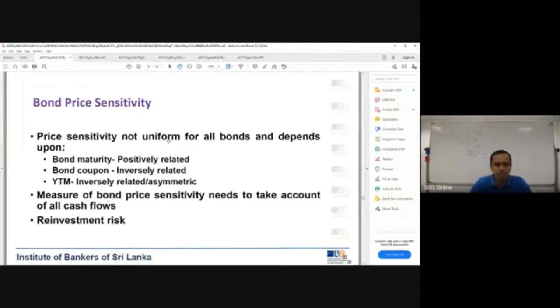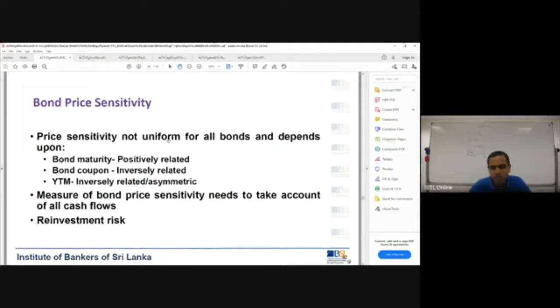Bond price sensitivity is not uniform for all bonds and depends upon the bond's maturity, right? Positively related: longer maturity bonds have longer duration. Bond coupon is inversely related, because low coupon is more sensitive than high coupon.